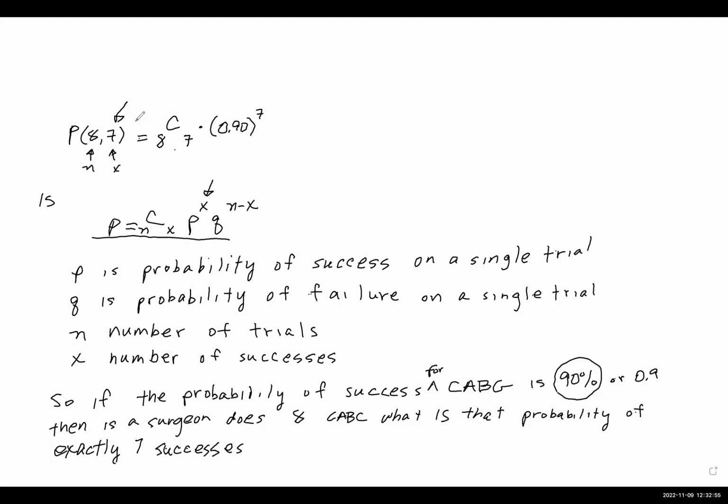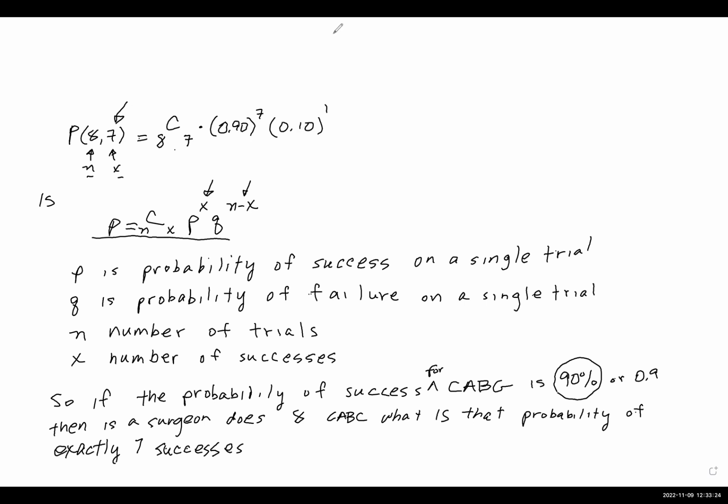And that appears right there. Times, now, if my probability of success is 90%, what's my probability of failure? 10%. There you go. And the exponent there is n minus x. Well, that's 8 minus 7, which is 1.